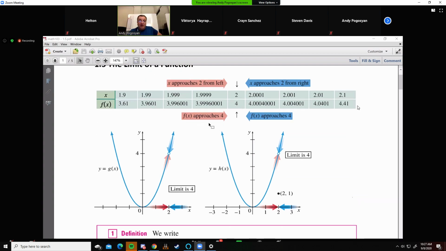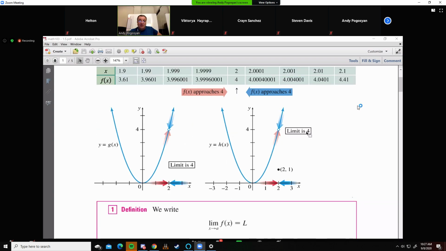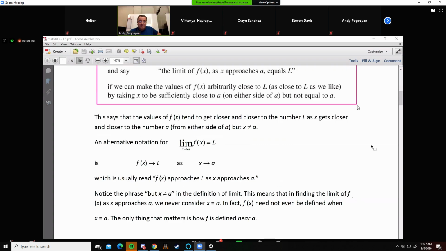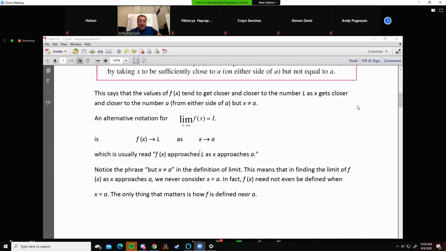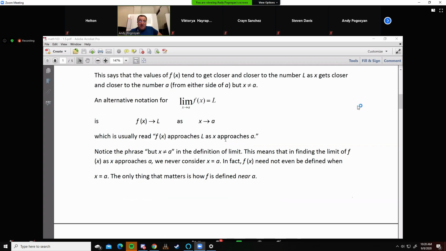So f of x tends to get closer and closer to the number L as x gets closer and closer to a from either side. So f of x approaches L as x approaches a. Now, x not equal to a is part of the definition of the limit.